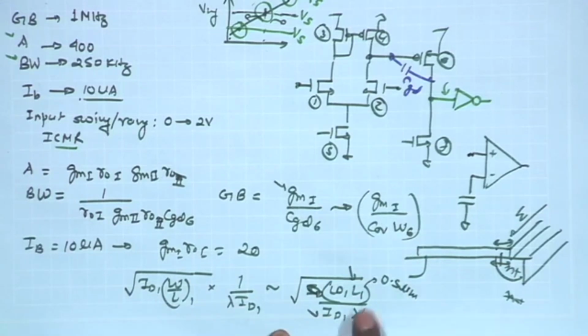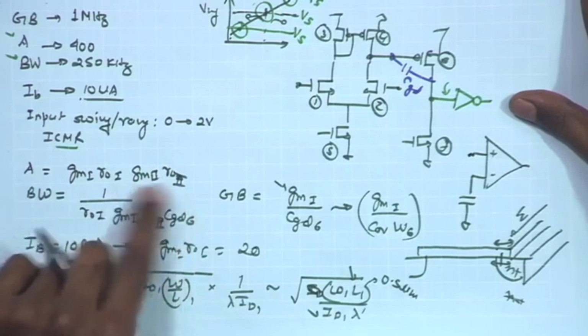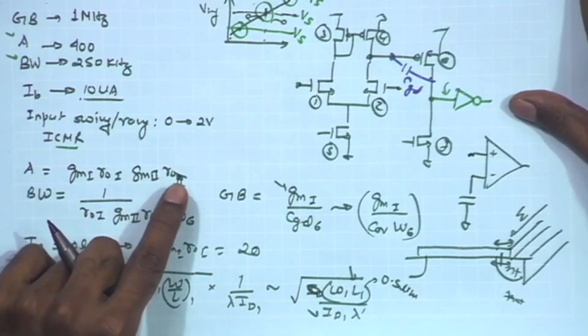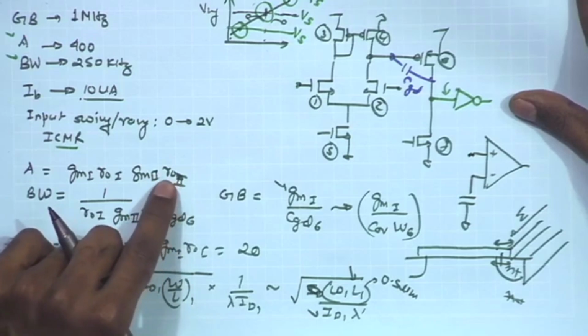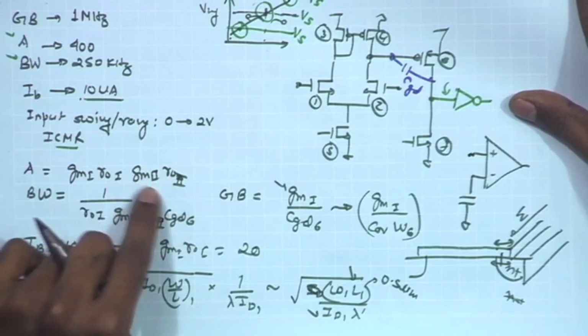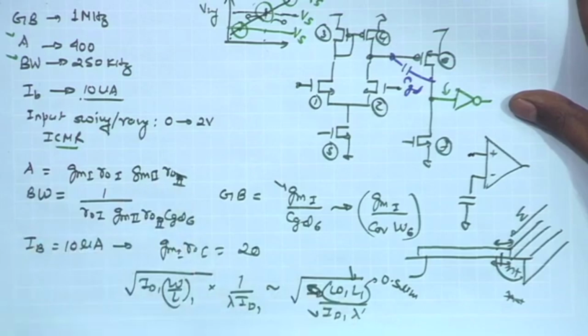So, for this L1 I can determine the minimum value of W1, so that a gain of around 20 is achieved in the first stage. And likewise, if I use the same channel length in the output stage and almost similar bias current, I have the corresponding value of RO2 coming into picture, and therefore, the GM requirement is also similar, and therefore, the W by L and RO are going to be related over here.